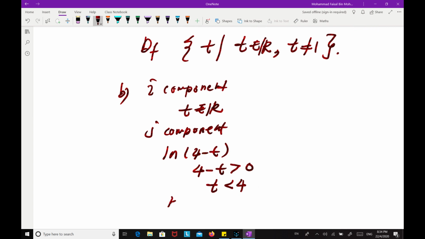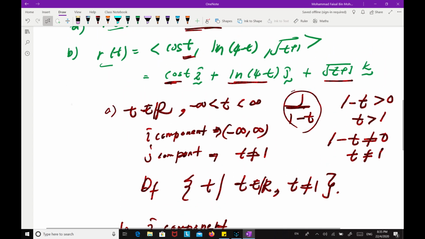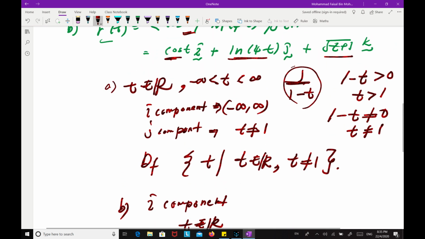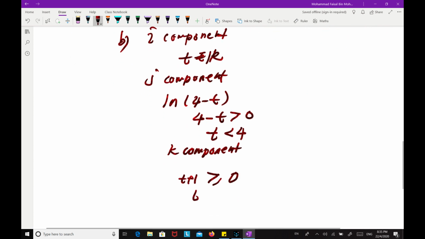Okay, k component, square root t plus 1 must be more than or equals to 0. Okay, actually we just take the inside one, inside the square root. Inside the square root is t plus 1, so t must be more than or equal to -1.